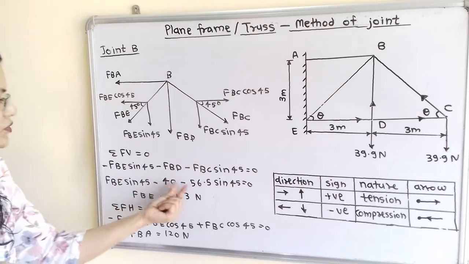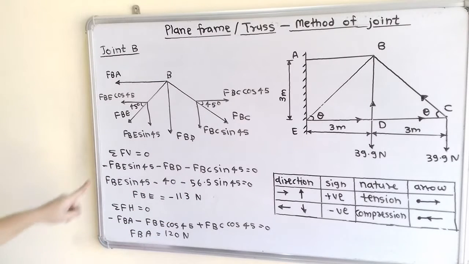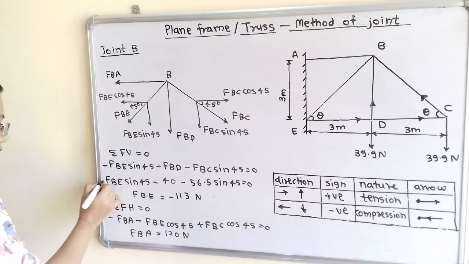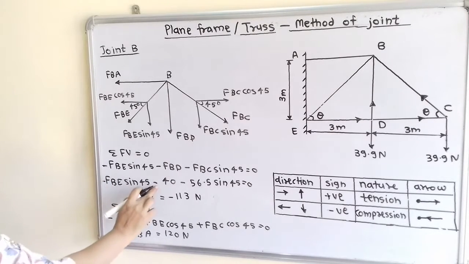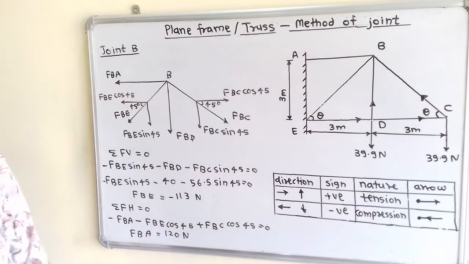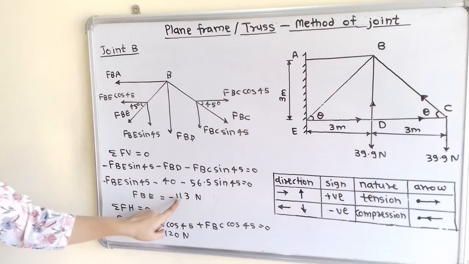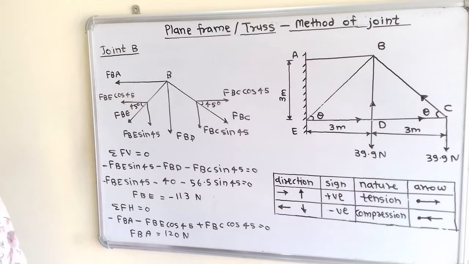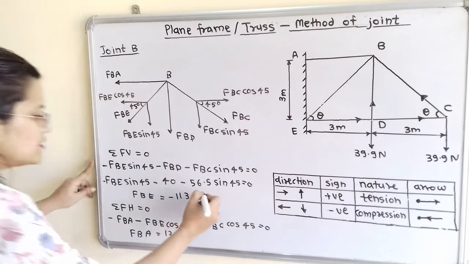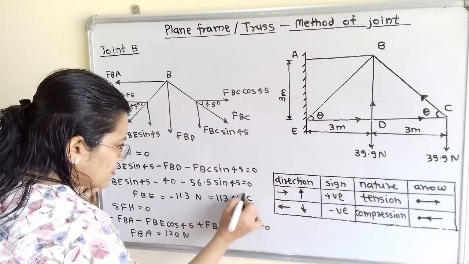So we have to use here the positive magnitude that we have calculated. So we will take here minus FBE sin 45 minus 40 minus 56.5 sin 45 is equal to 0. Therefore FBE is equal to minus 113 Newton. Now how we can write this? We can write here 113 Newton and here is compression.